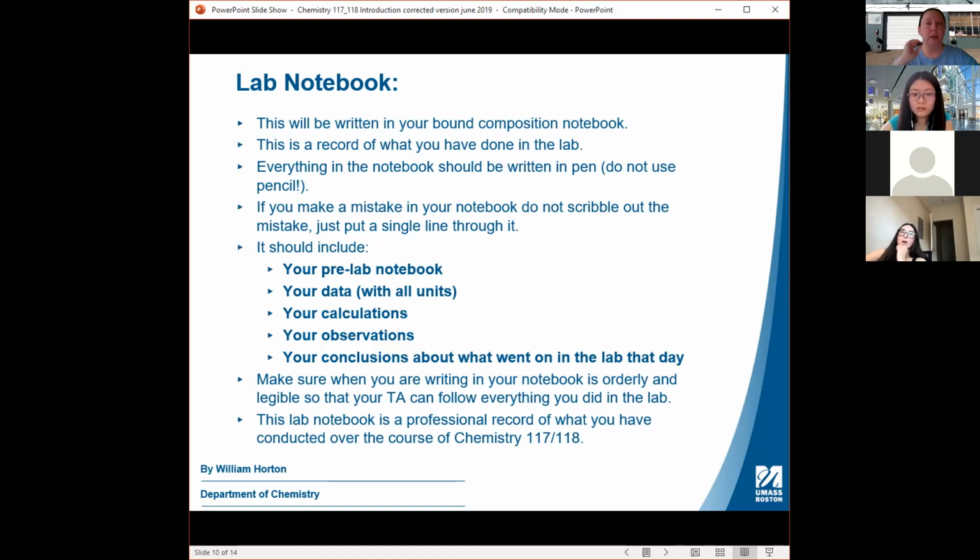Okay, another thing about lab notebooks, why are they important? When you are part of a research group, whether it is in academia or in industry, your lab notebook is intellectual property of that research group. Your work, as well as the dates of what you worked on, is intellectual property.